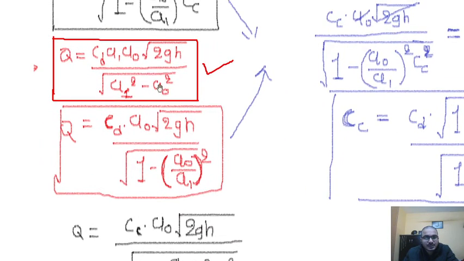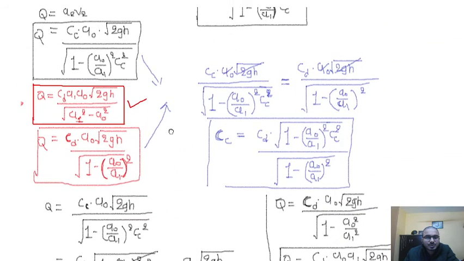In this equation we have taken this A1 into the denominator, that is 1 minus A0 upon A1 whole square. Now you need to focus on these two arrows. First we have taken this black box equation and this second red box equation, and we have equated them.